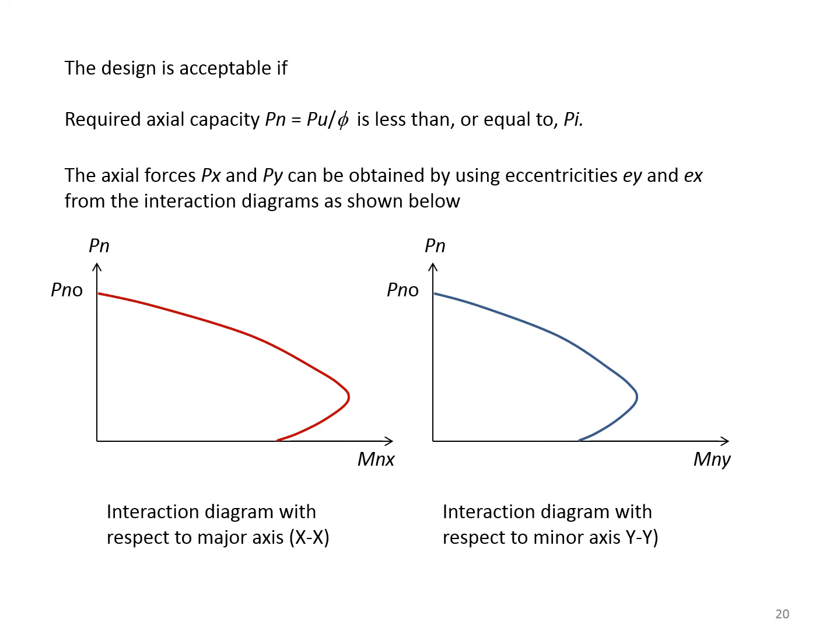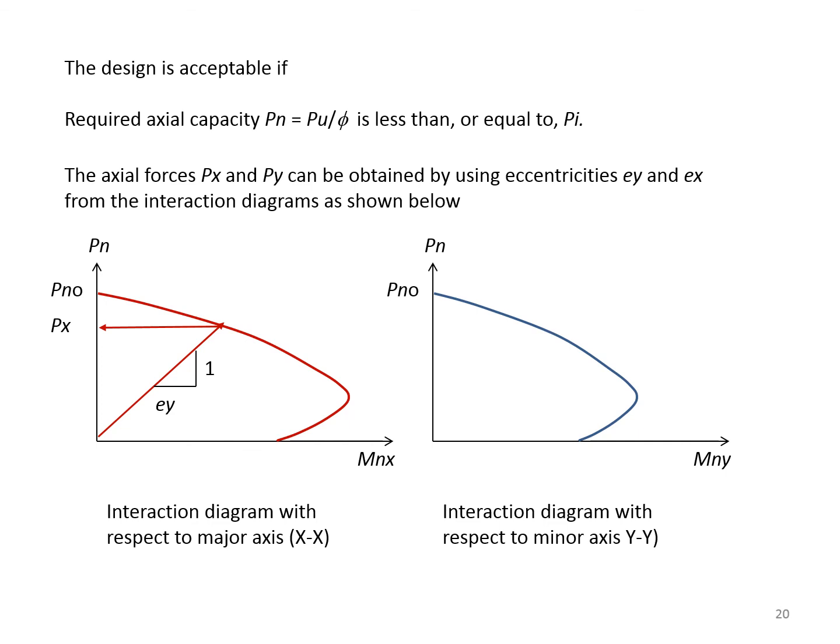The design is acceptable if the required axial capacity Pn, which is Pu divided by phi, is less than or equal to Pi. The axial forces Px and Py can be obtained by using eccentricities Ey and Ex from the interaction diagram as shown below.